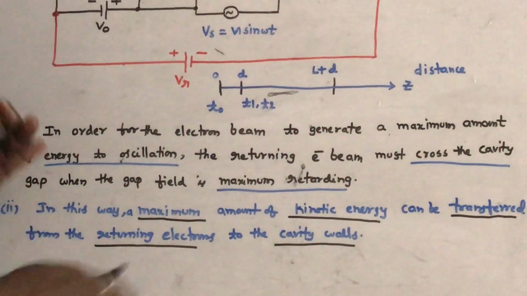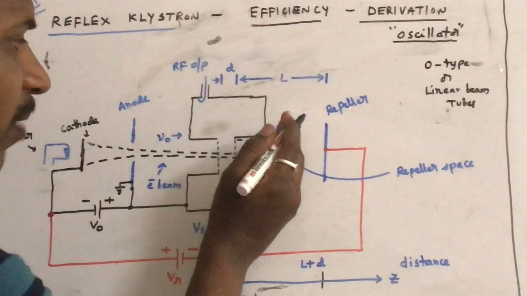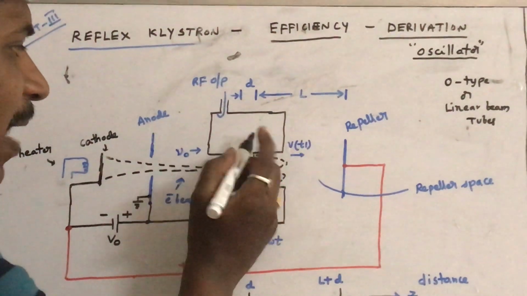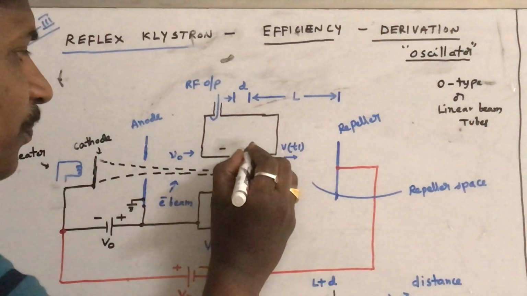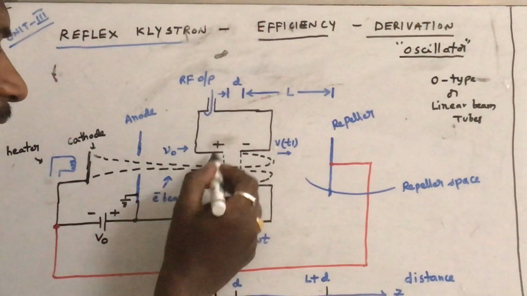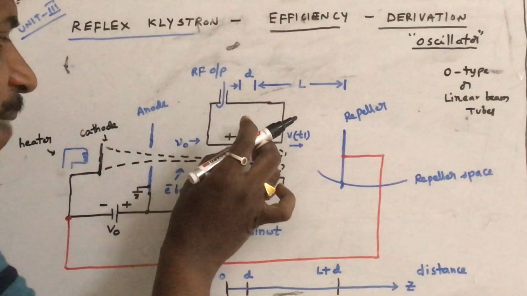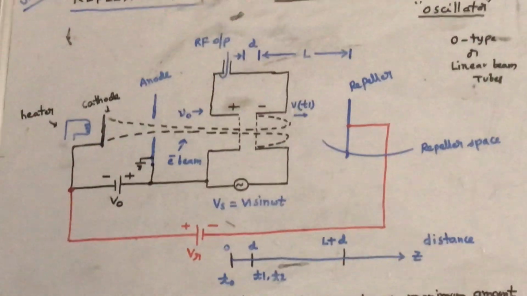This is very important, as in the two cavity Klystron amplifier. When this bunched electron beam returns and encounters the maximum retarding field, it transfers its maximum energy for oscillations.